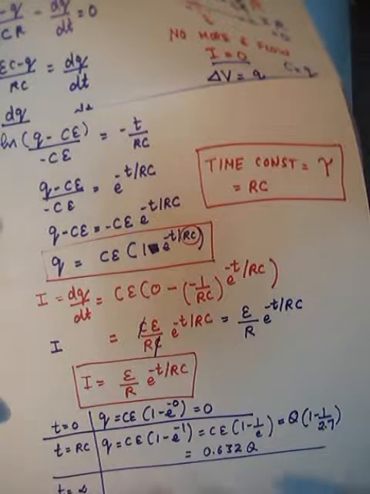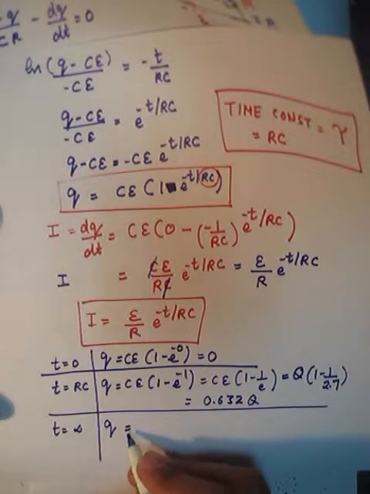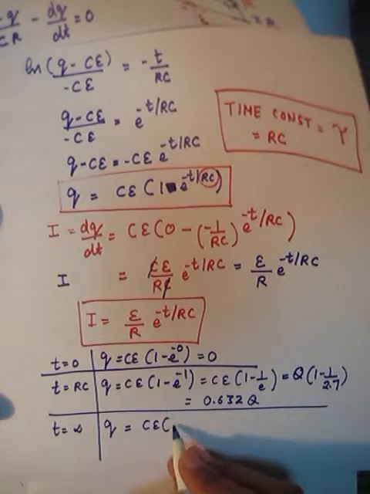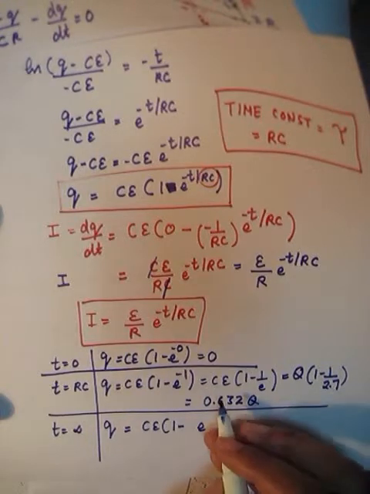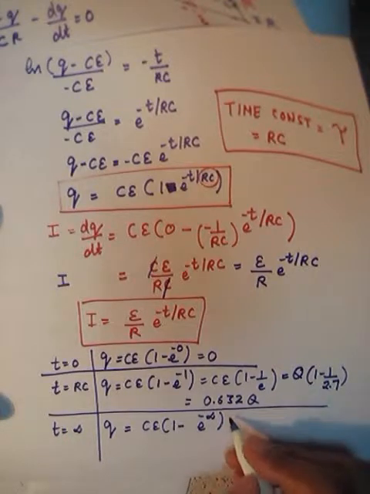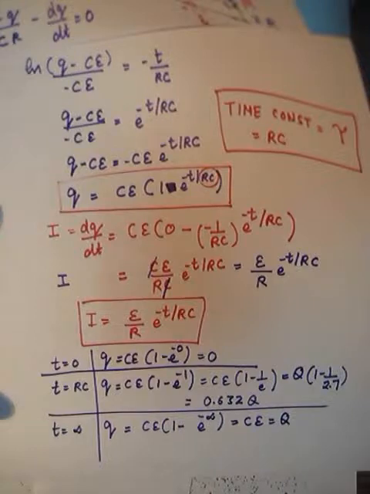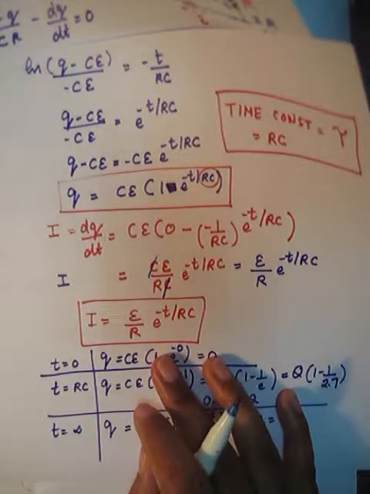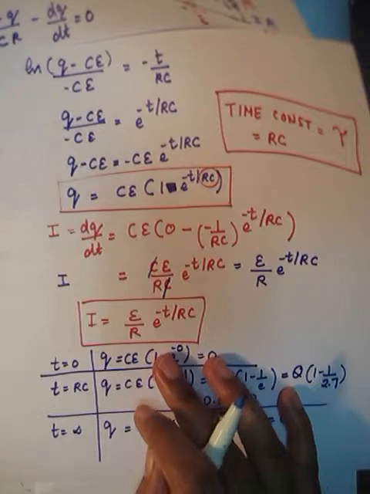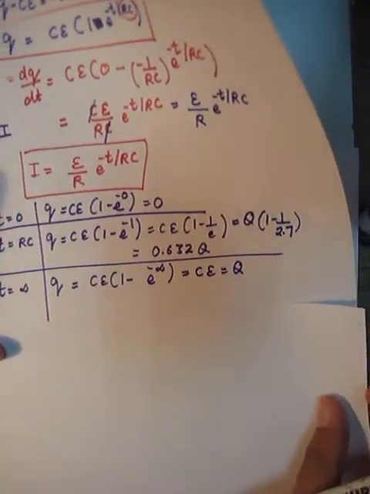Similarly, when time is infinite, charge will be equal to C epsilon times (1 minus exponential minus infinity). 1 upon infinity will be 0, so it will be C epsilon, which will be equal to the maximum charge. So if I have to plot it now, let's see what these values of charge look like when plotted.